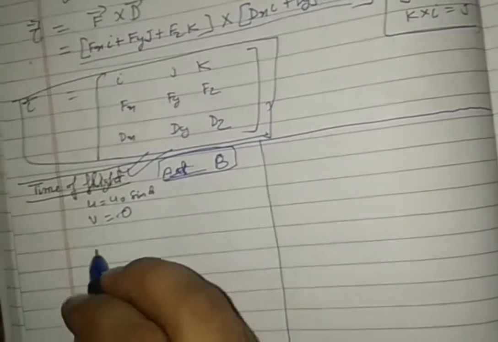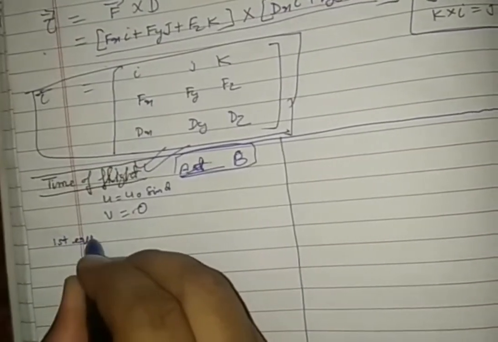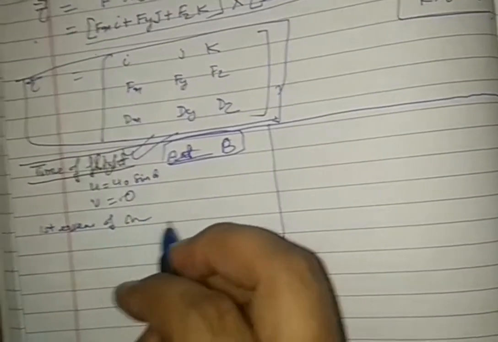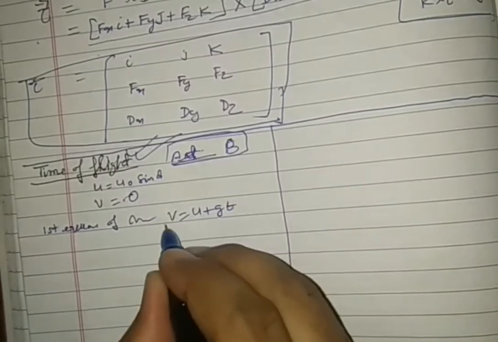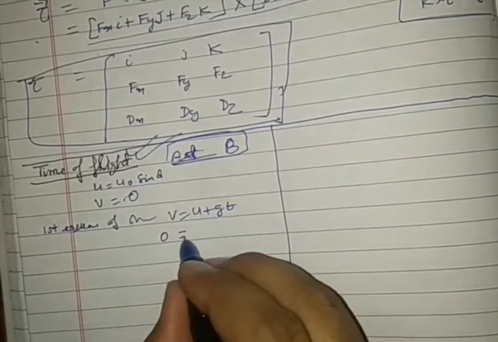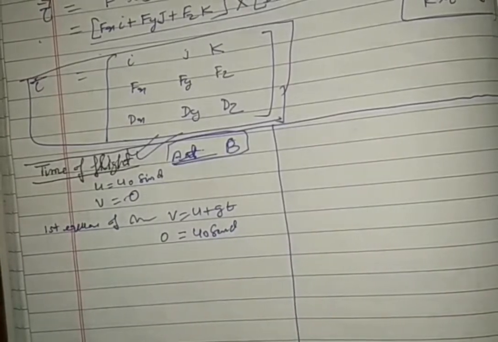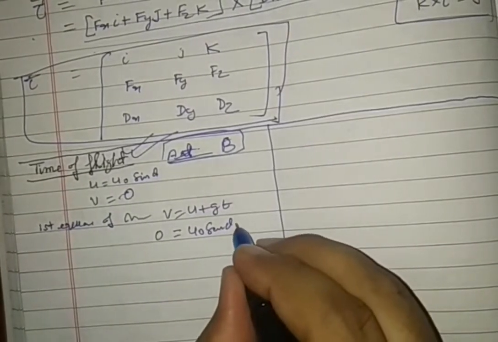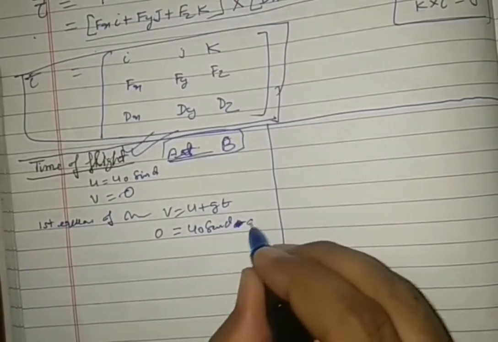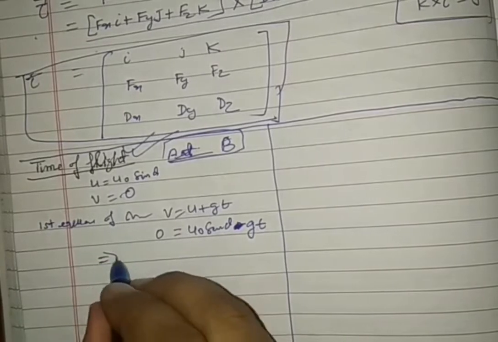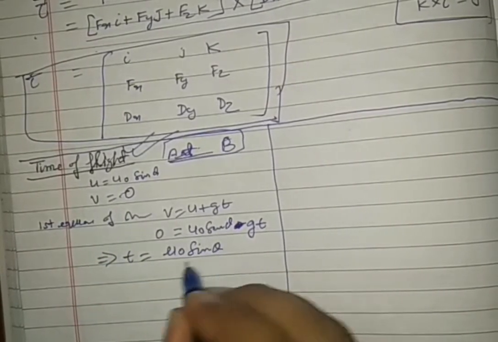Using the first equation of motion, v is equal to u plus gt. The final velocity is 0. The initial velocity is u naught sin theta plus, g is against gravity, so it is minus g into t, which implies that t is equal to u naught sin theta by g.